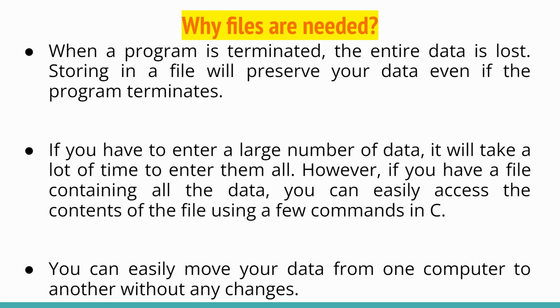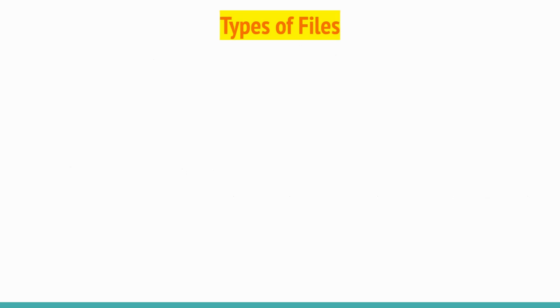And the third reason why we need files is we can easily transfer the data from one computer to another without any changes. For example, if you want to move file contents from one computer to another, you can use any storage device like a pen drive or hard disk, and you can easily transfer the contents.